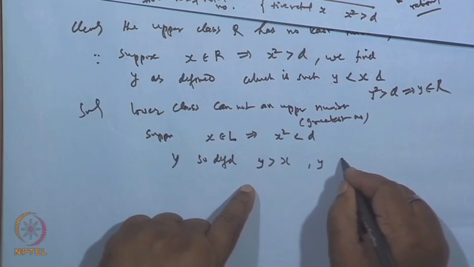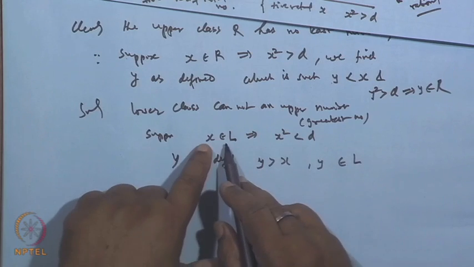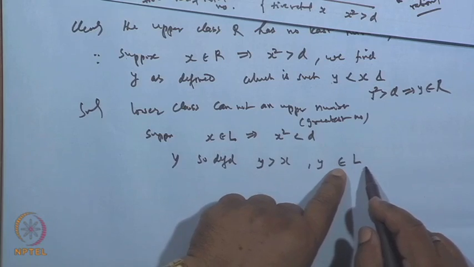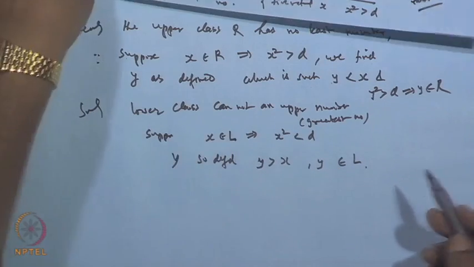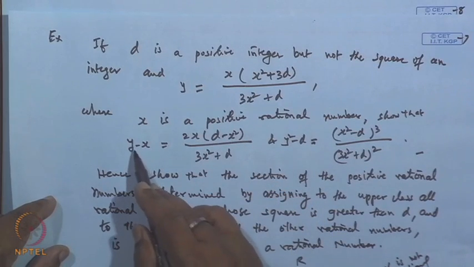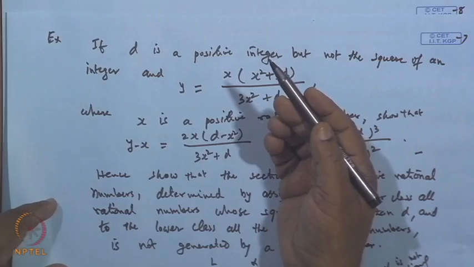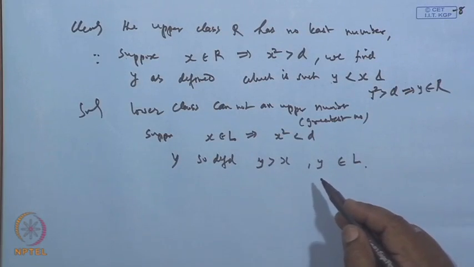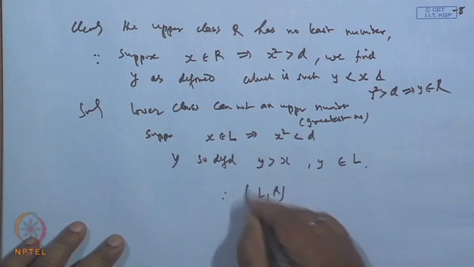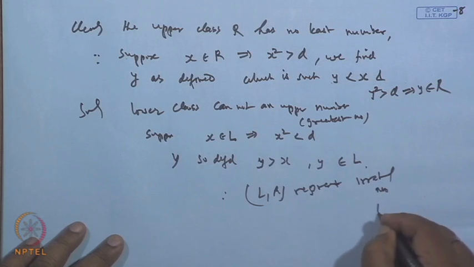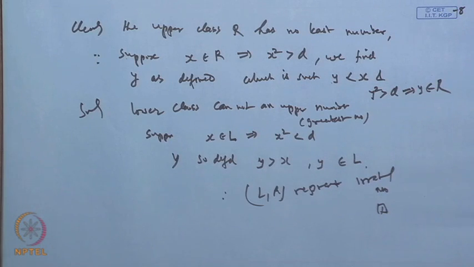So y also belongs to the lower class but is greater than x. So L cannot have a largest number. A contradiction. Therefore, the section LR represents an irrational number. That is all. Thank you. Clear? Thanks. Okay.